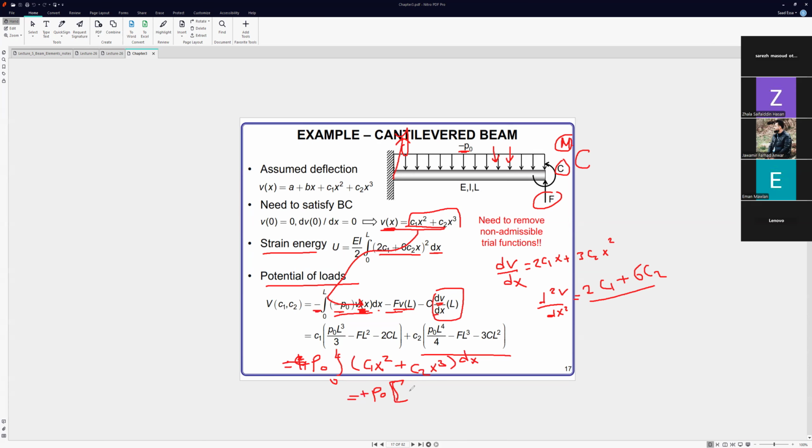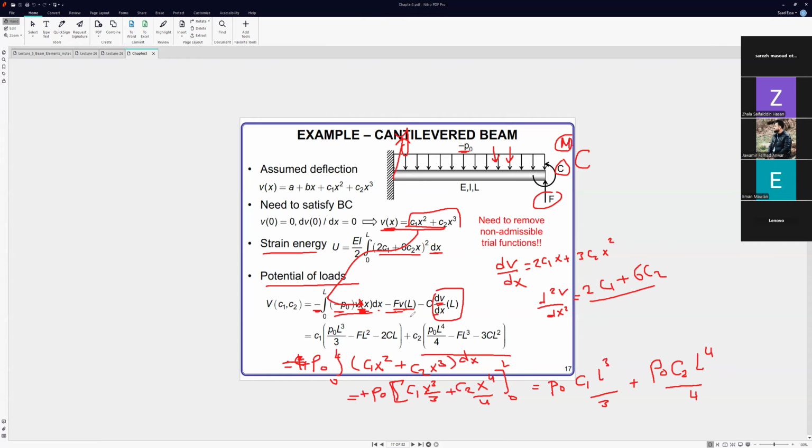Now we have C1 x cubed over 3 plus C2 x to the power 4 over 4, from 0 to L. It's very important to know that it will be equal to P naught C1 L cubed over 3 plus P naught C2 L to the power 4 over 4.